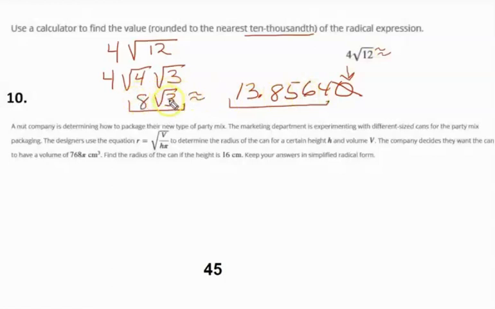If you did it this way, that's the answer. But this one is in simplified form because under the radical sign, there is no longer any perfect square factor. Again, that might be a good essay question. How do we simplify radicals?